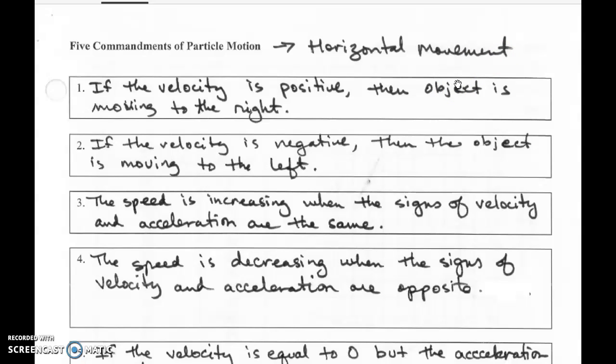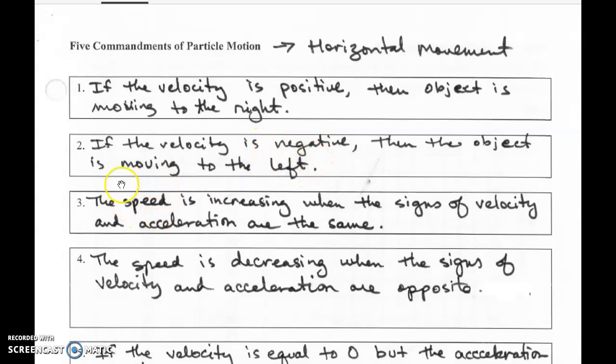I'm more of the remembering, like the thought process, not memorizing, which kind of sounds counterintuitive now that I say it out loud. But think about, what does it mean for velocity to be positive? Well, then the object is moving, but in what direction? Well, the positive direction would be to the right. If we have a negative velocity, it's to the left.